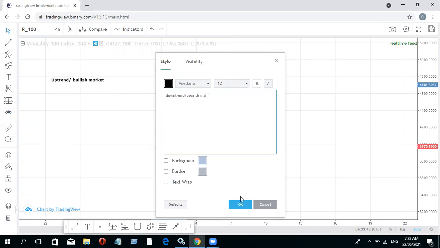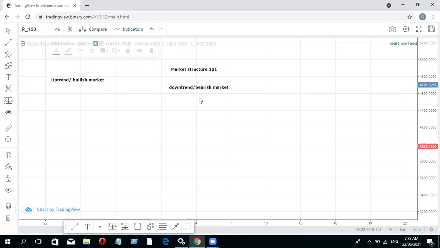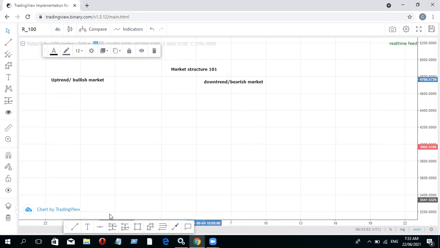These are the 2 basic kinds of trending markets. Now let's look at the bullish markets.